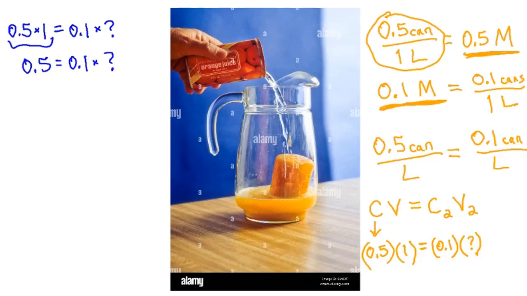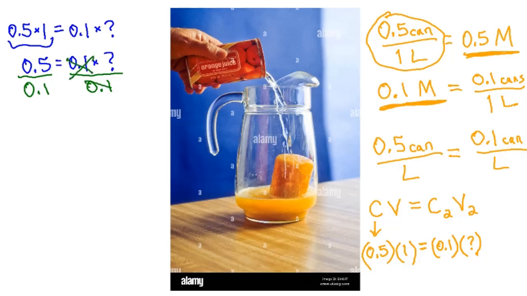Then we need to isolate that question mark on one side of the equals sign to find out how much volume this is going to take. So we're going to divide both sides by the 0.1.